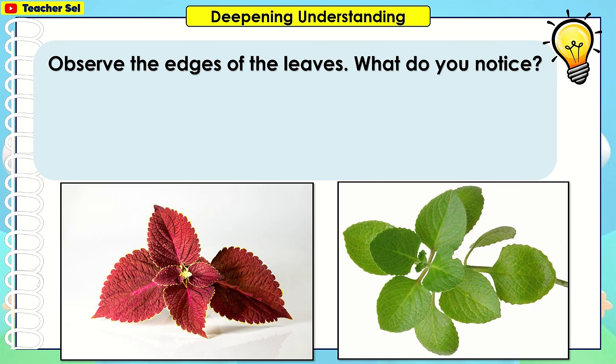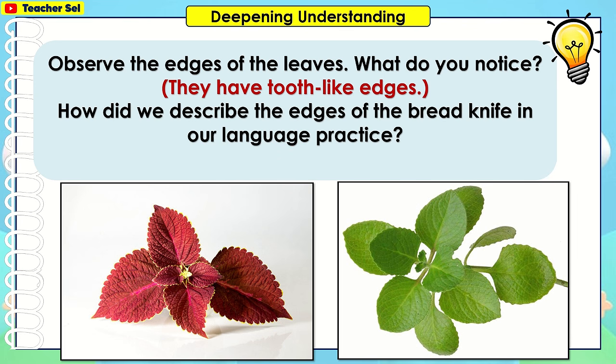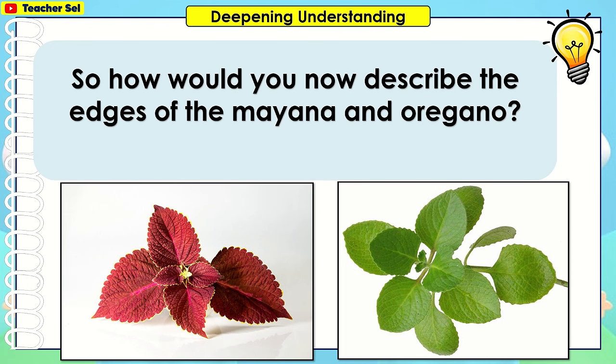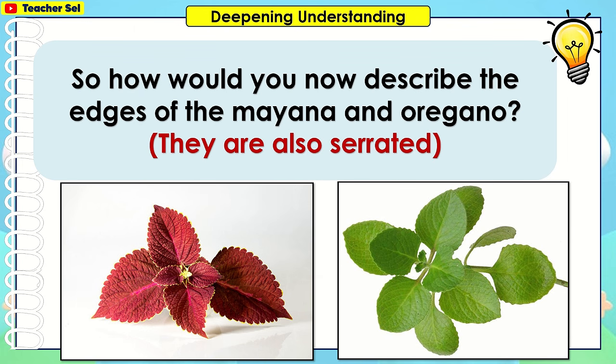Observe the edges of the leaves. What do you notice? They have tooth-like edges. How did we describe the edges of the bread knife in our language practice? It is serrated. So how would you now describe the edges of the Mayana and Oregano? They are also serrated.